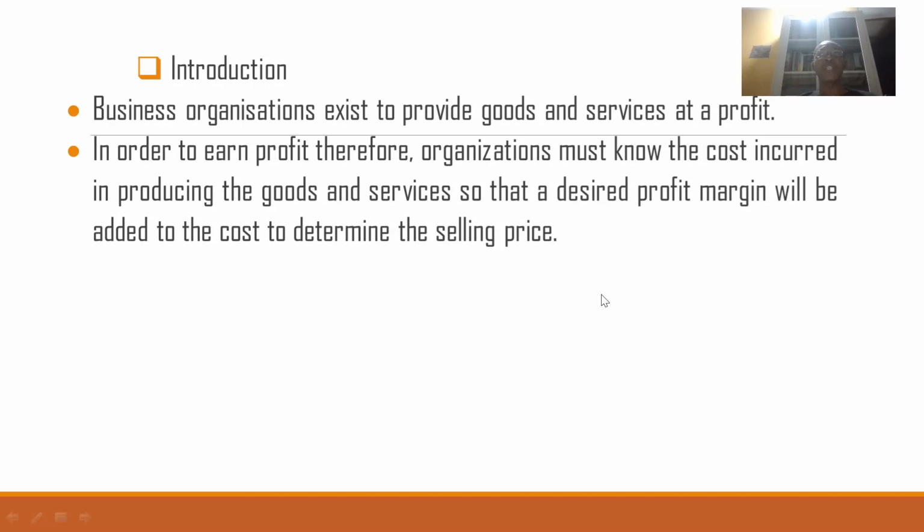Say, for instance, a company is producing a particular product and uses a component in producing that product. The question is, should the company manufacture that component from within the organization in order to use it to produce the product? Or should the company order that component from outside? Which one is more profitable for them?